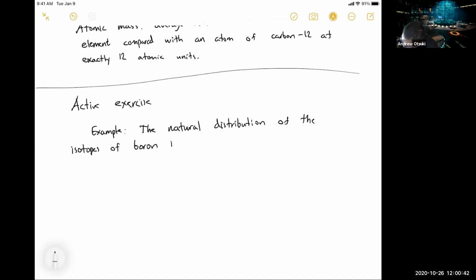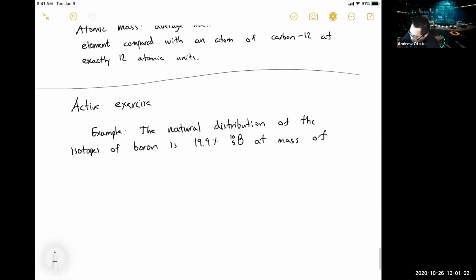Boron 10 is 19.9%, at a mass of 10.0129370 atomic mass units, and boron 11 is 80.1%.